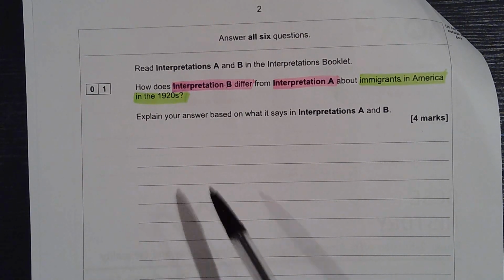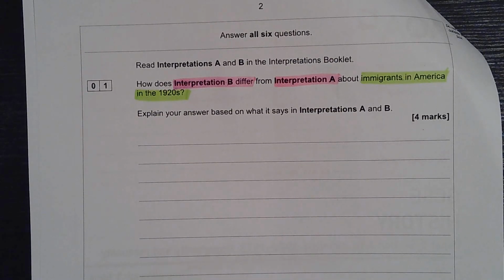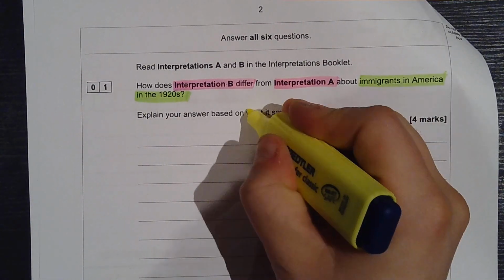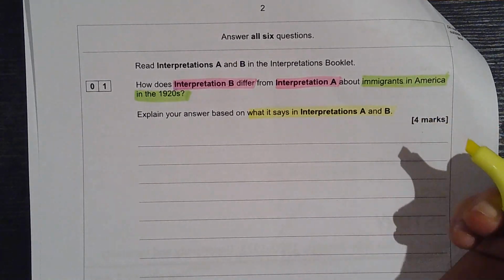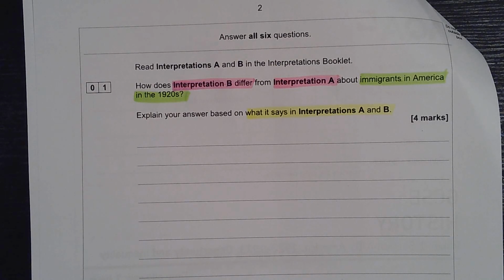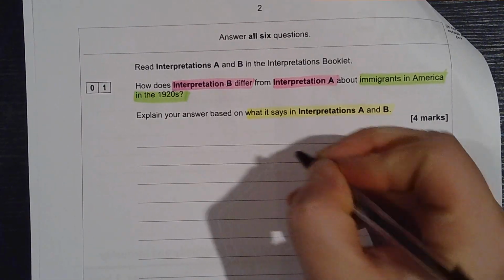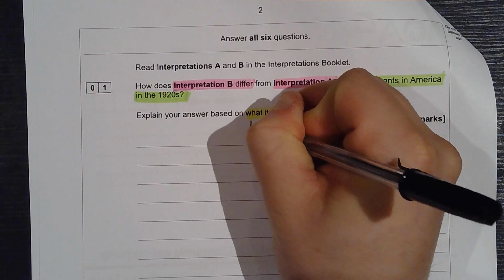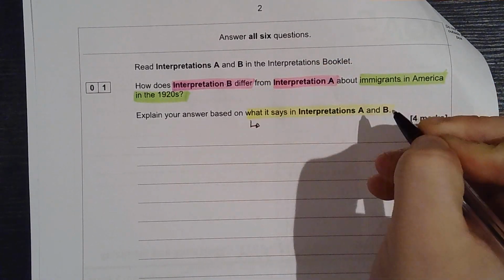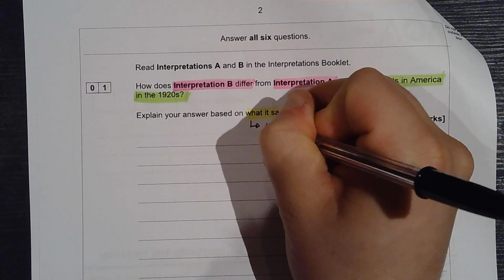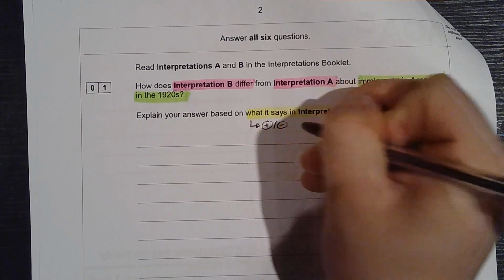And then to finish off, I can use this bit below to remind me of how to answer the question, because it says, explain your answer based on what it says in interpretation A and interpretation B. So I can now do a little reminder. If I'm looking at what it says in interpretation A and interpretation B, I know that one is usually going to be positive and one negative.